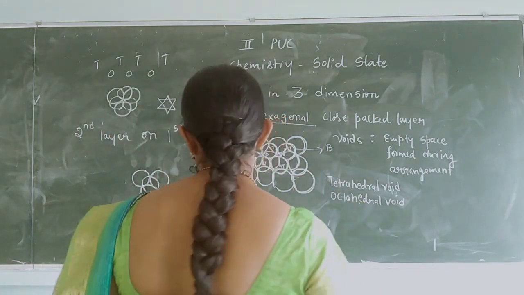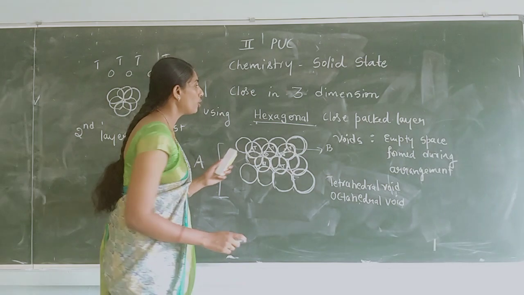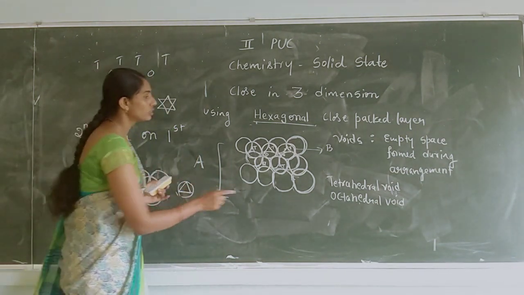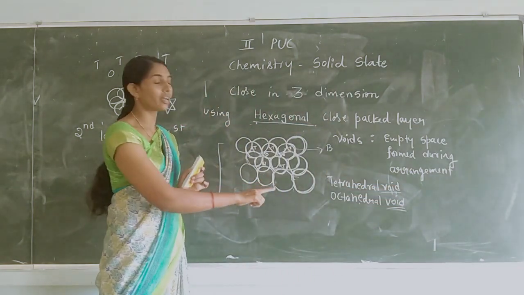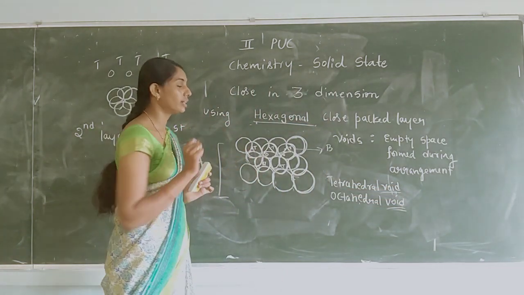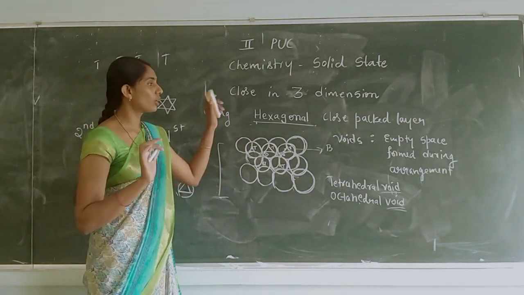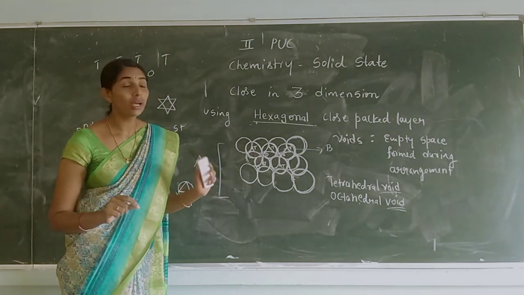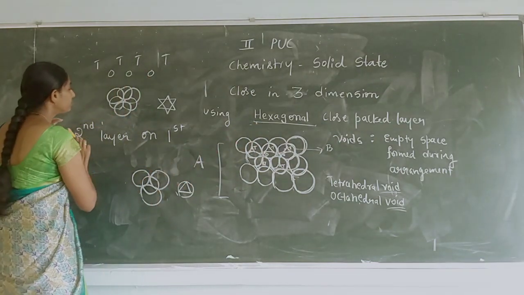So the points you have to remember: when you place the second layer, two voids are generated. They ask you to define the tetrahedral void and define the octahedral void. In a particular solid structure, how many tetrahedral voids and how many octahedral voids are formed is important.